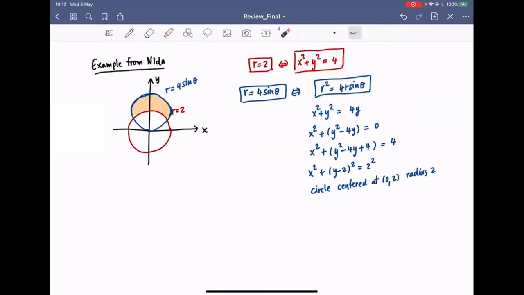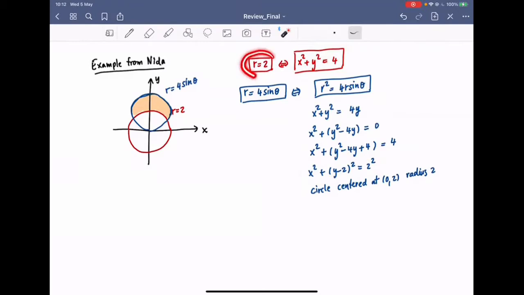For sure, you have to work in polar coordinates, because if you do dx dy or dy dx, it's going to be terrible. Your equations are going to be x squared plus y squared equal to 4 and x squared plus (y minus 2) squared equal to 4, which is not easy to integrate, because you're going to have messy terms that you have to work with.